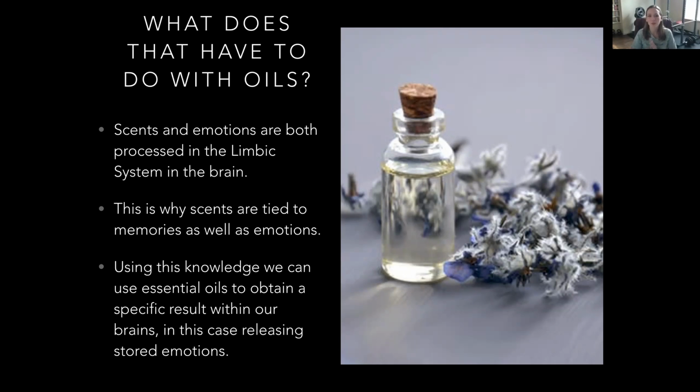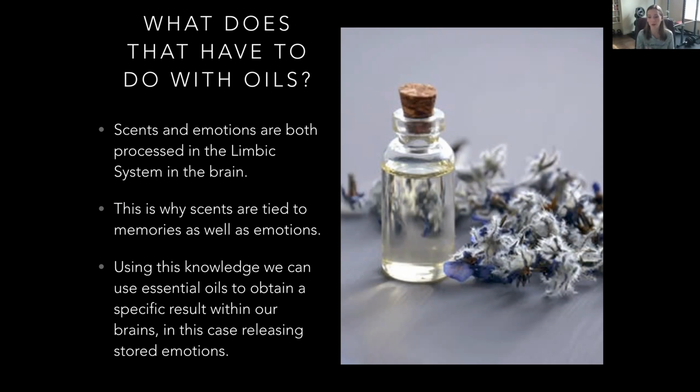So basically what that means is when we inhale these essential oils and you smell that smell, that's why we have things like scent memory. So let's say you smell apple pie baking and then automatically you are just transferred back to your grandmother's kitchen where you have these great memories of baking with your grandmother. That's why scents can be tied to memories.